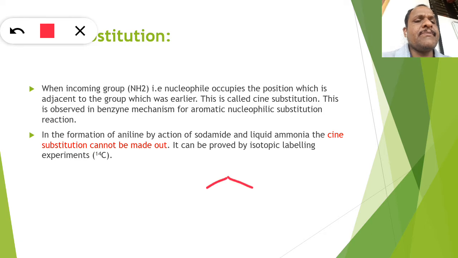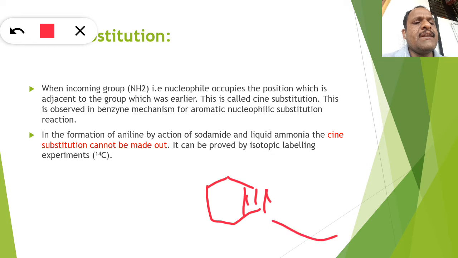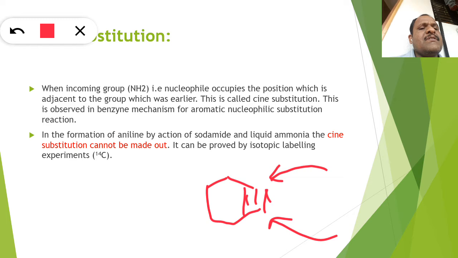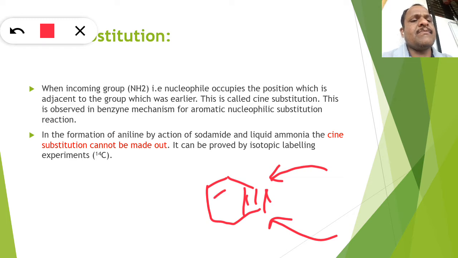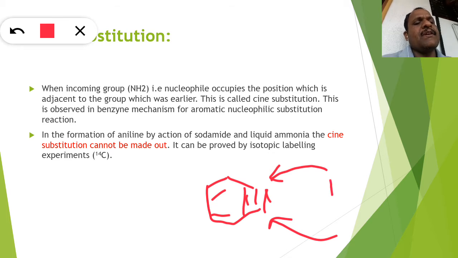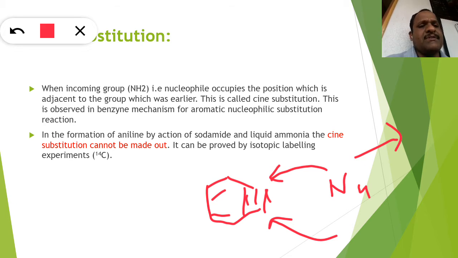Suppose this is a benzyne intermediate. You just see here, it has a carbon carbon triple bond. Now attack of the nucleophile can take place from this carbon, or from this carbon. So there are two sites of attack of the nucleophile on the carbon carbon triple bond of benzyne. If the nucleophile attacks the carbon which bears the leaving group, that product is a normal product.